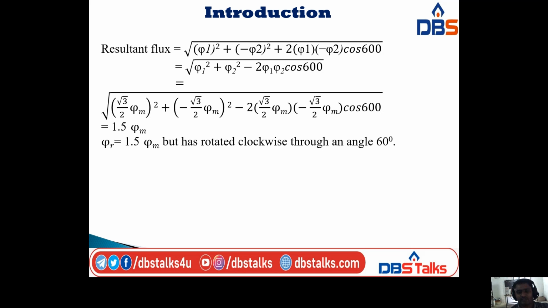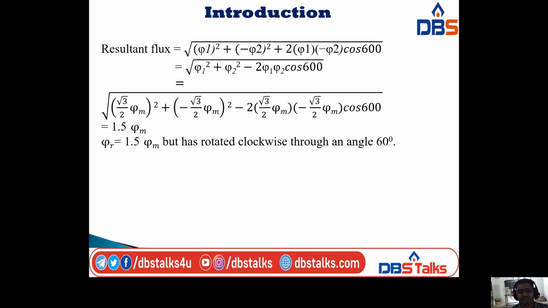We already have the phi 1 and phi 2 values, so please substitute those values into this formula. Root of phi 1 value is root 3 by 2 into phi m whole square plus phi 2 value is minus root 3 by 2 into phi m whole square minus 2 into phi 1 value is root 3 by 2 into phi m into minus root 3 by 2 into phi m into cos 60 degrees. So that is equal to resultant flux, that is 1.5 into phi m.